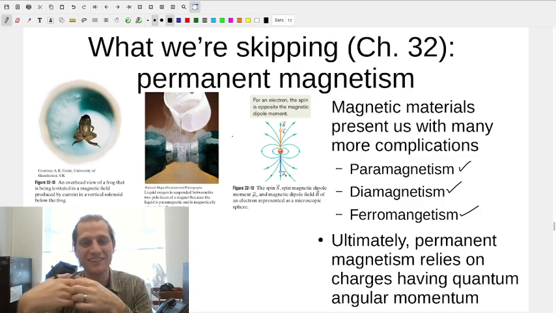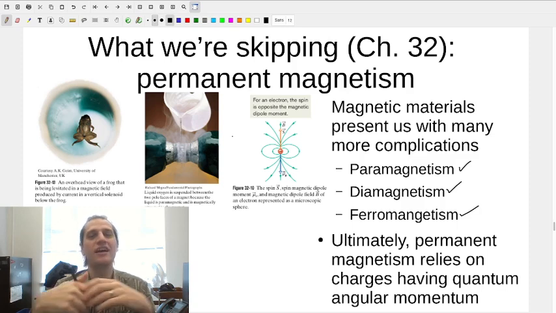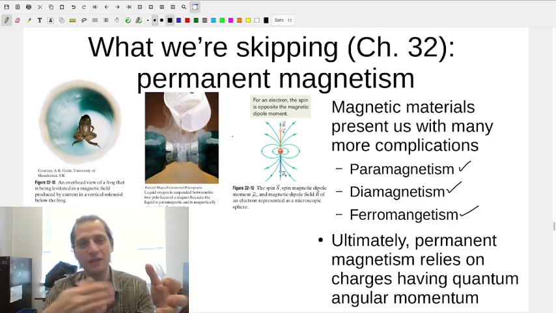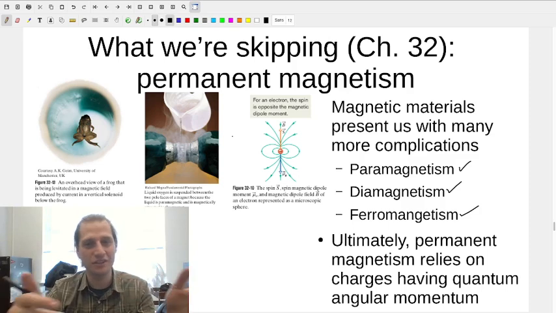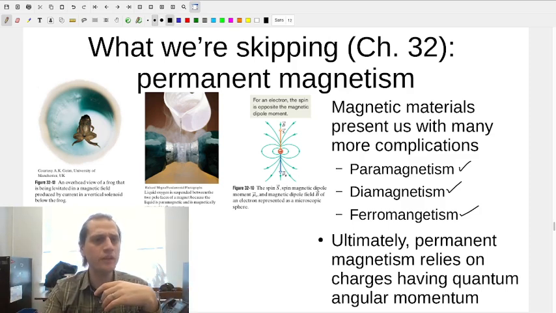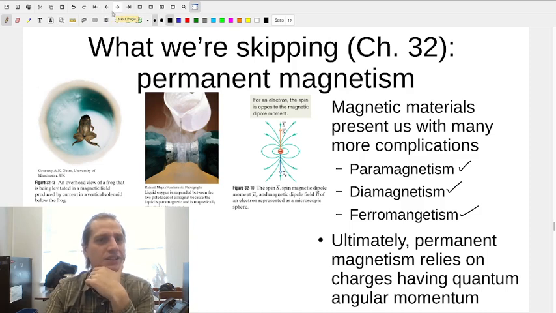So it's a complicated story, and it took physicists well into the 20th century to really get a grasp on these things and apply them to things like making VHS tapes and cassettes and all of that. So we're going to skip that because it's hard.